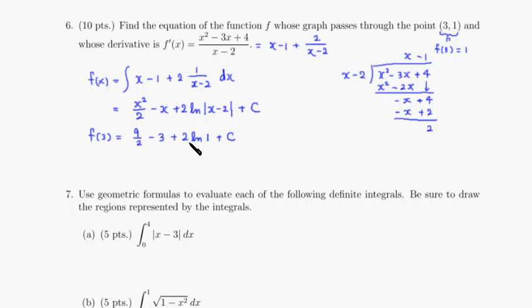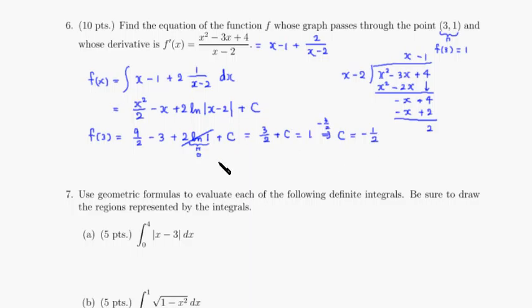But remember that the natural log of 1 is 0, so we can just cancel this term. 9 over 2 minus 3 is 6 over 2, so it's 3 halves plus c, which is supposed to be equal to 1. So we subtract 3 halves from both sides, and c is going to be negative 1 half.